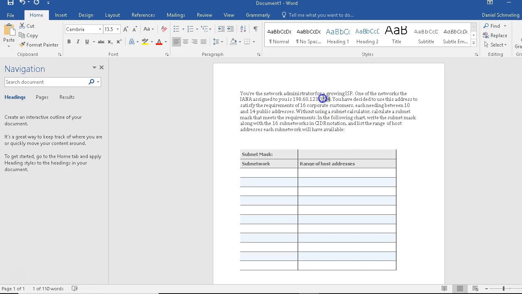So the CIDR is a /24, and basically what that means is you are able to use 254 addresses for this particular IP address. So the internet service provider gives you the 198.60.123.0/24, right? It's giving you that IP range, and it's saying you can use 254 IP addresses.